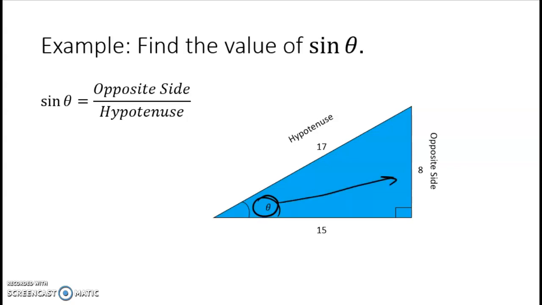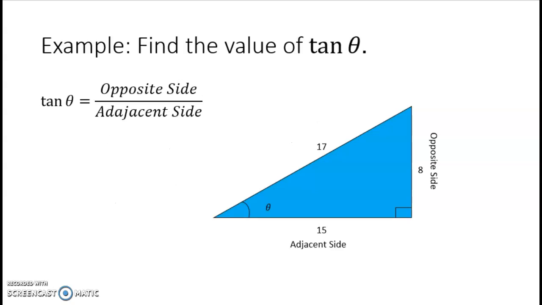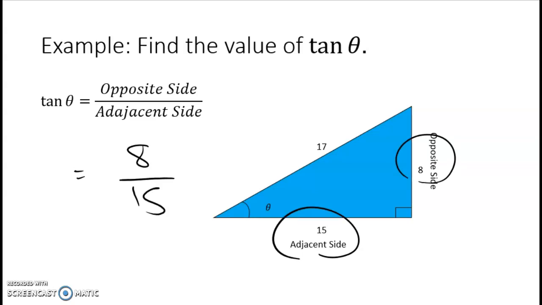Right next to it is our adjacent side, but I don't need that for sine. So this is going to be 8 over 17, and that'll be our final answer. Now tangent is going to be the opposite over adjacent. So here is our opposite, here's our adjacent, so our answer is going to be 8 over 15.